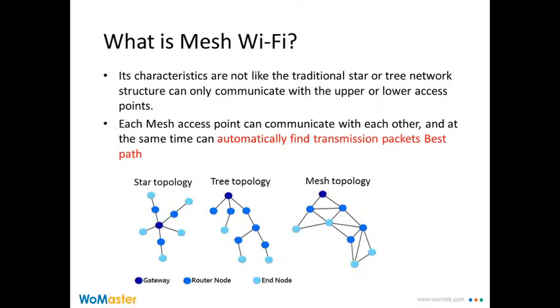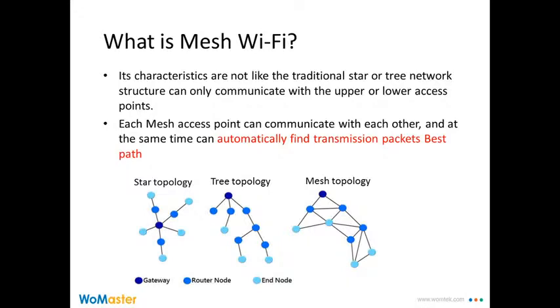This kind of topology is just like a web. Each node can find the best routing path to deliver the data to the destination. In this way, the performance of the whole network is enhanced and the setup of the network is easy.